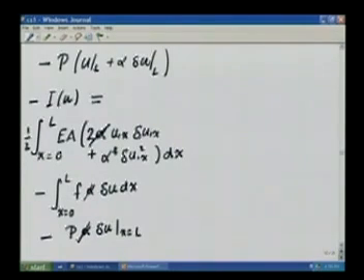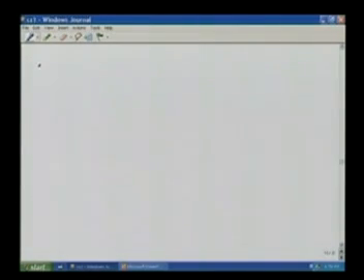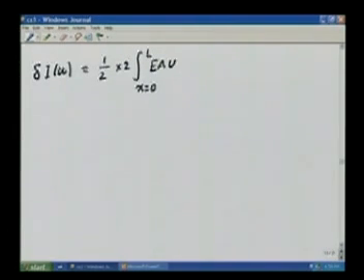So when we take the limit, all the terms which after division by alpha have an alpha sitting in front will go to 0. They will disappear. All the terms with no alpha in front will be what we will be left with. So this will be equivalent to writing delta I of u is equal to half of integral x equal to 0 to L EA u comma x delta u comma x dx.